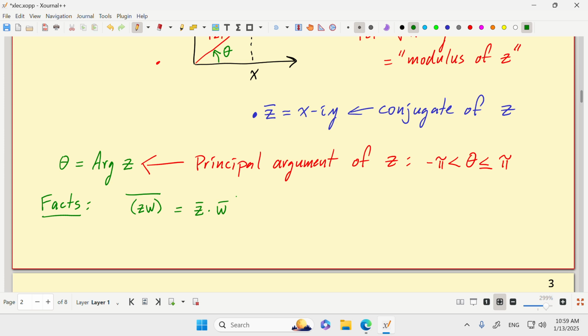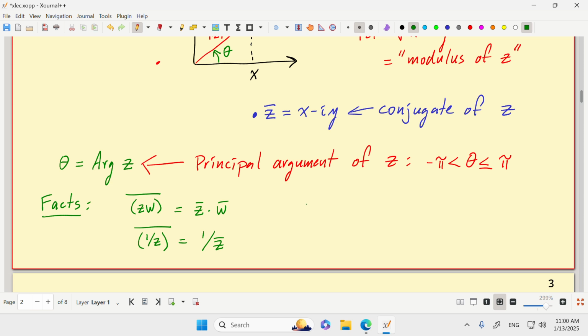Just write up both sides and say, sure enough, that's a true fact. Another one is that the complex conjugate of 1 over z is 1 over the conjugate of z.